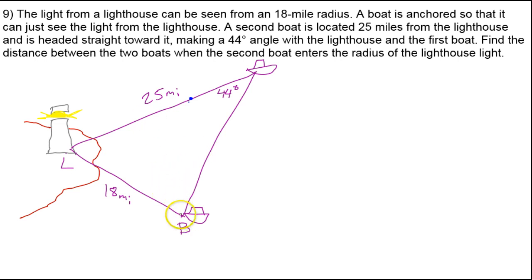I should be able to find angle B first, because that's across from a side that I know. So I'm going to use the law of sines to find this. I'm finding an angle, so I'm going to put my angles in the numerator. So sine of 44 degrees over 18 miles should equal the sine of angle B over 25.